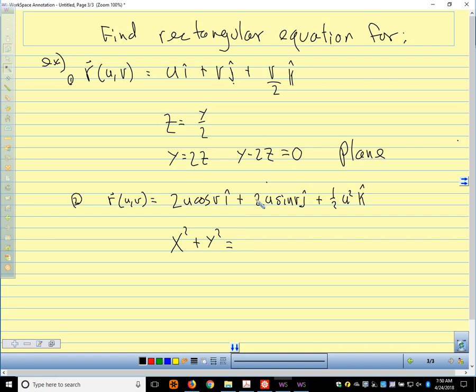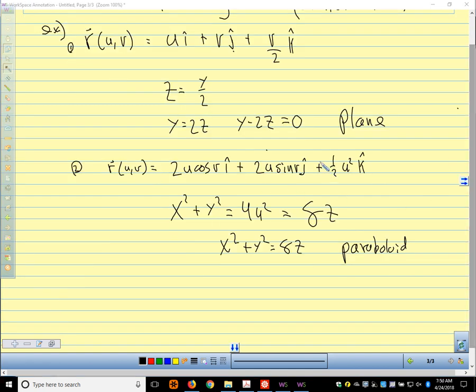What are we going to get? 4u squared, which is equal to 8z. So x squared plus y squared equals 8z, and that is a paraboloid. So this is a parametric representation of a paraboloid. This one is a little nicer, but I think after those other examples we won't be intimidated.